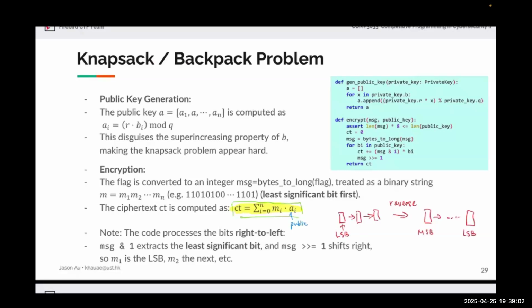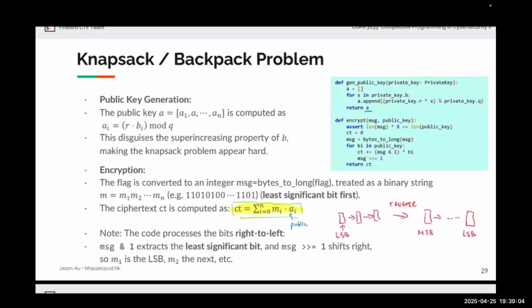Just take a closer look, because A is in the public key. So this is the public key, so actually this is what we are defining as PK in our exploitation. And this M is the message, this is the message vector. Okay. So the ciphertext is the sum of Mi times the PKi.